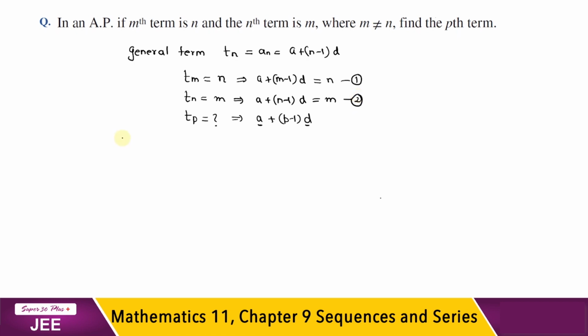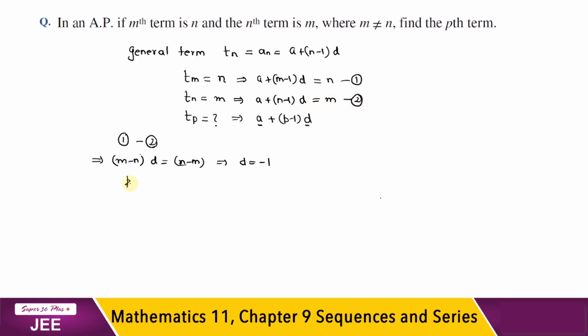So if I subtract 1 from 2, what are we going to get? We are going to get (m minus n) into d equals n minus m. So d becomes equal to minus 1. Alright, and now you can plug in this value of d in equation number 1 or in equation number 2.